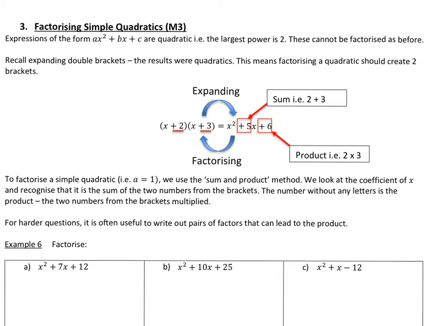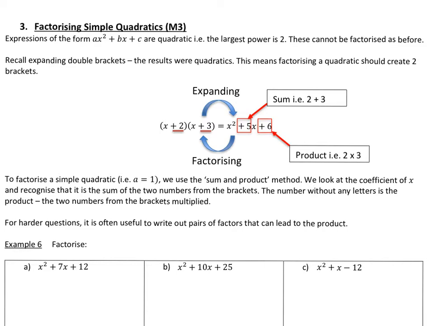Now, if we observe this expansion, what we can see is that the numbers in the two brackets are 2 and 3. If we multiply 2 and 3 together, we get 6. And the other thing as well, if we add the two numbers together, 2 and 3, we get 5. Now, this is true for all quadratics of this form.